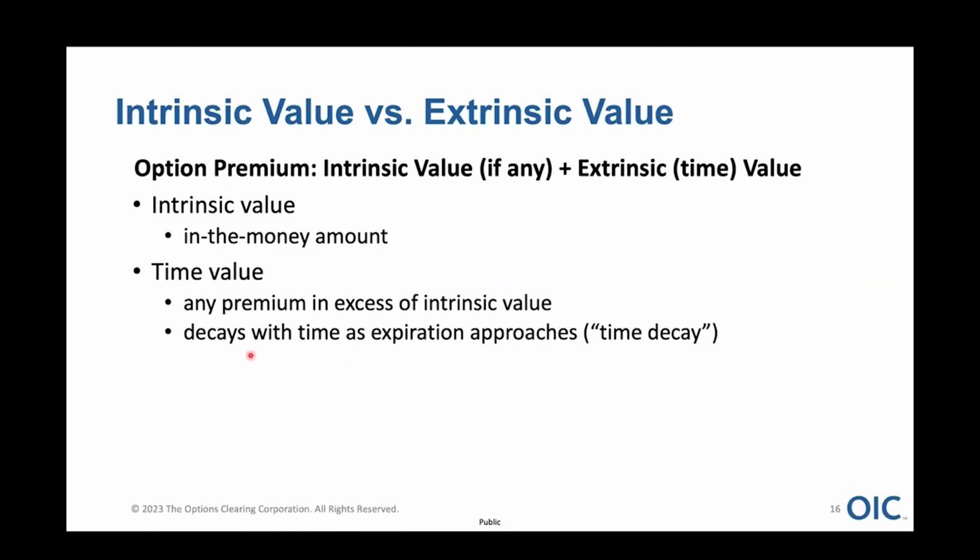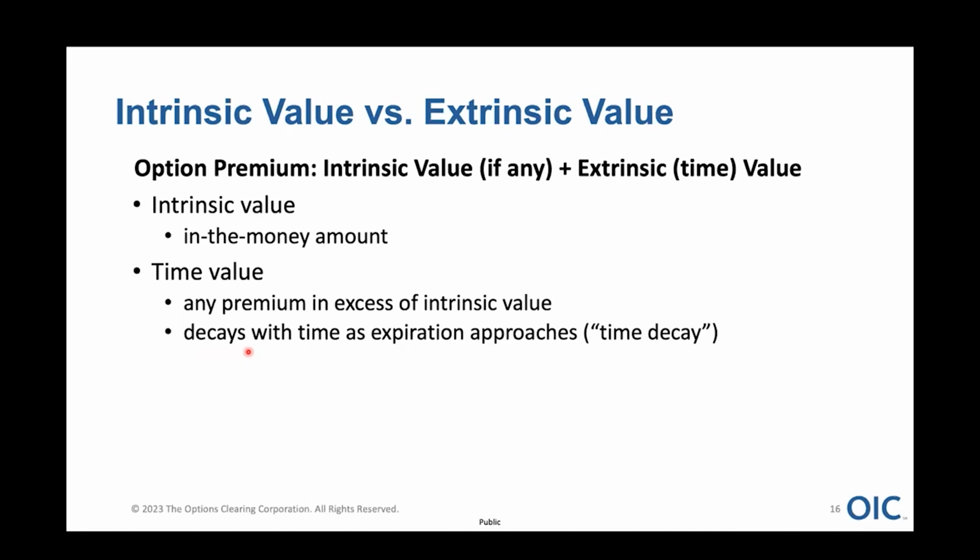As options have a finite life, every day we get closer and closer to expiration, those options are worth less and less. So it's this time premium portion of the option, the extrinsic value, that decays as we get closer and closer to expiration. As an example, let's just say the stock is trading at 50, and we're looking at the 45 level call.